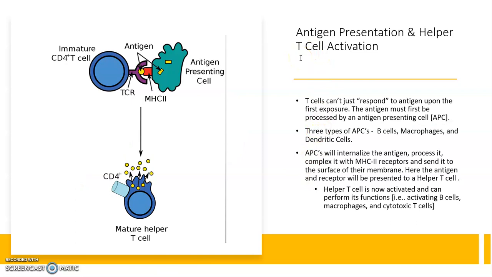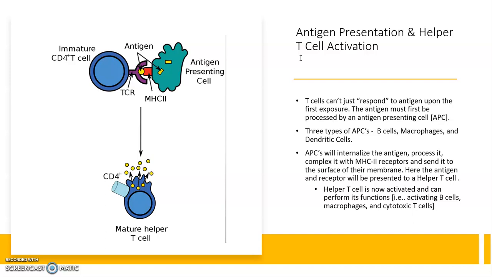So helper T cells are a bit picky in how they work. They are not just going to go around and actively look for antigen. They want antigen to be presented to them. So they are going to wait for something to show them antigen.